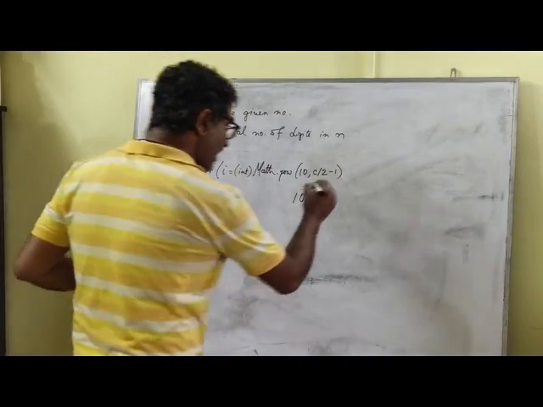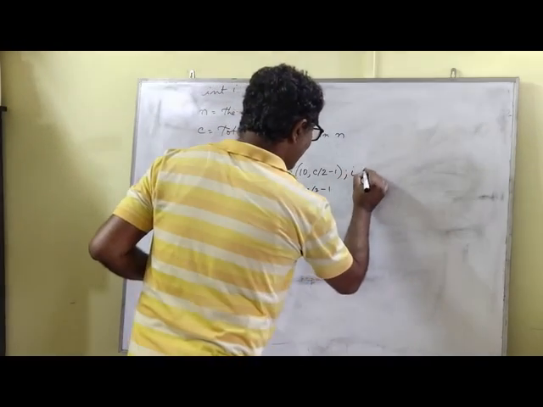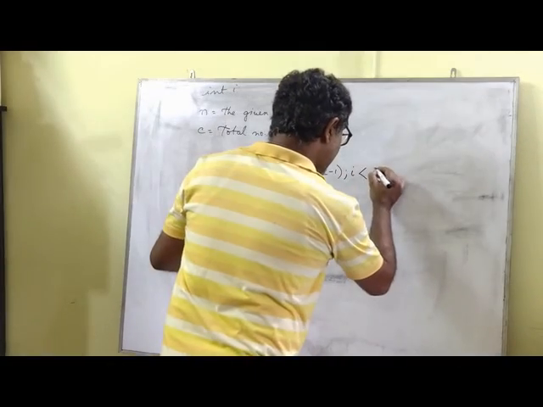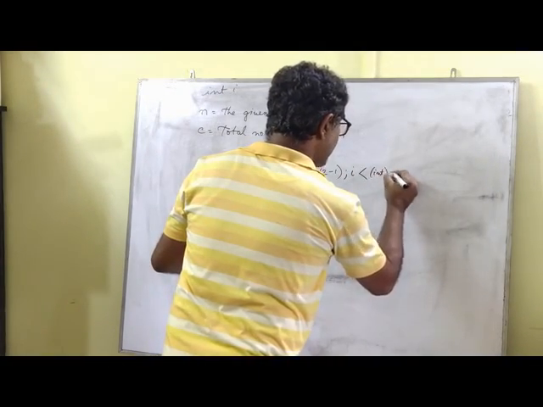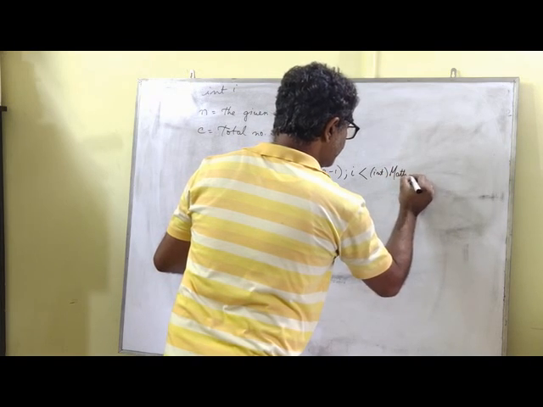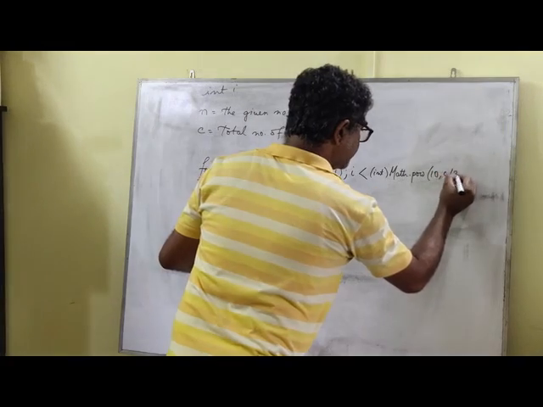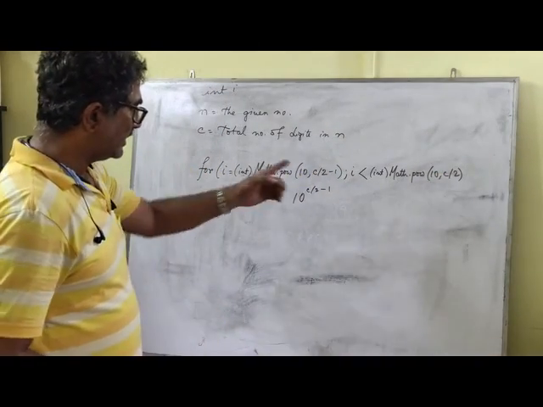And where will it end? i will be less than, remember, less than, not less than or equal to, again the same stuff, that is int Math.pow(10, c/2).